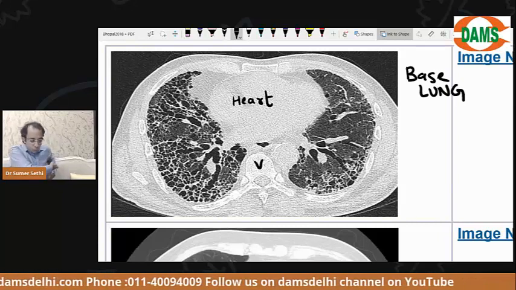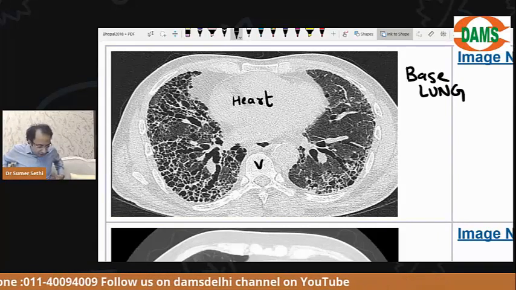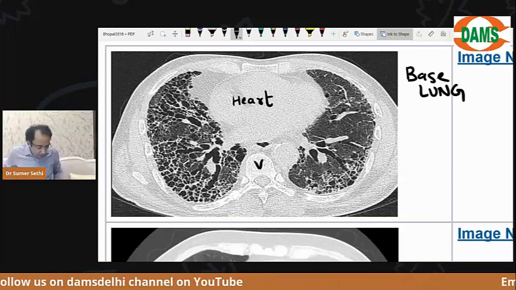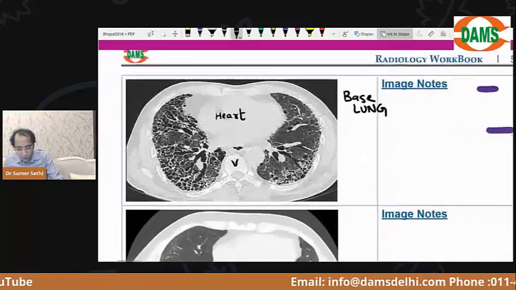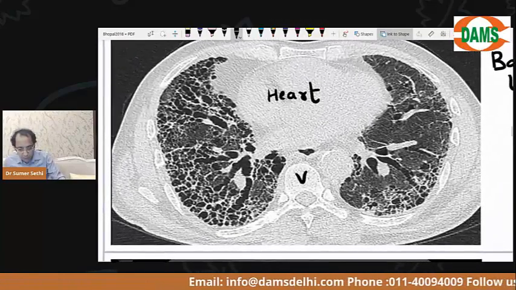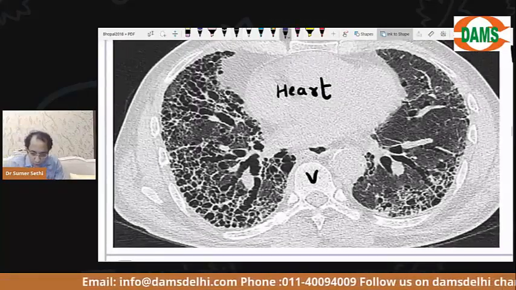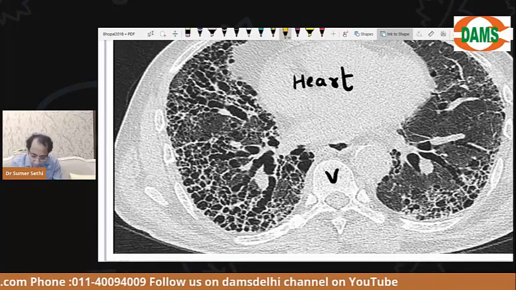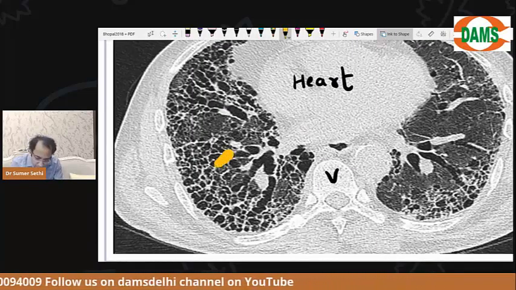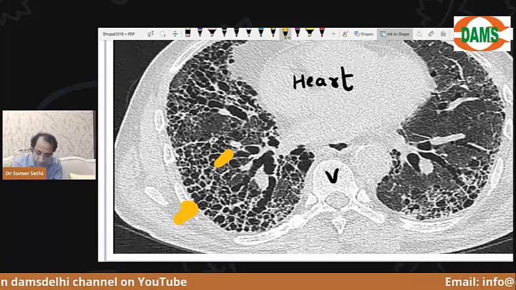When you take a section at the level of the heart, it must be through the base. Now look at page 51 in the workbook if you have. Now please see with me. Can you see at the lung base? Very good.